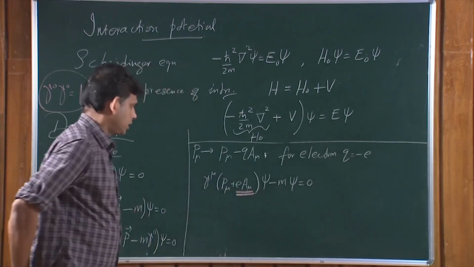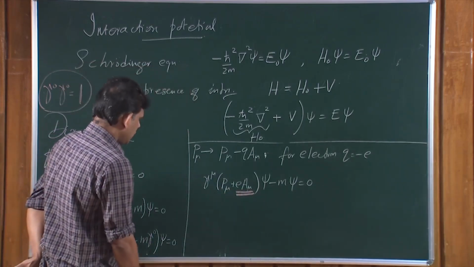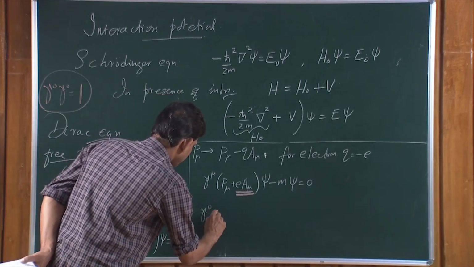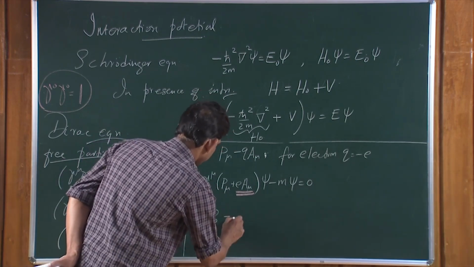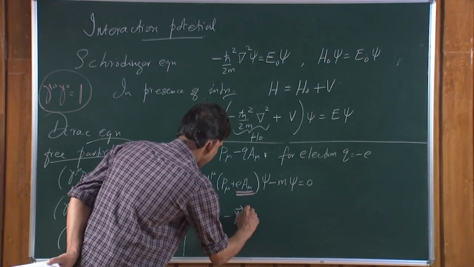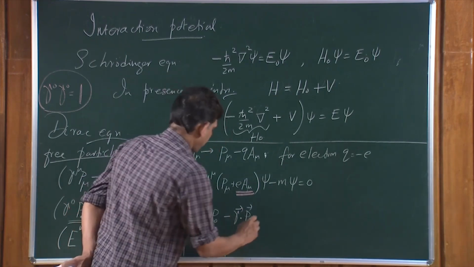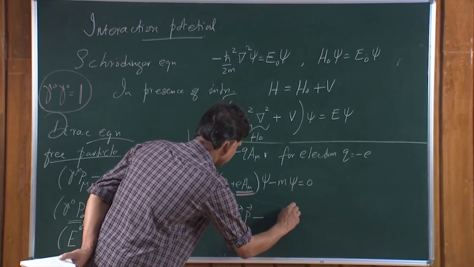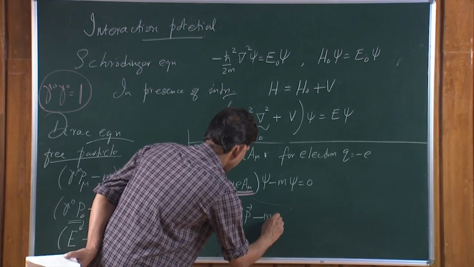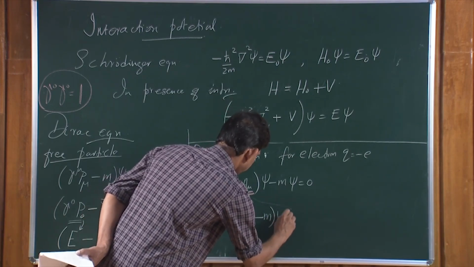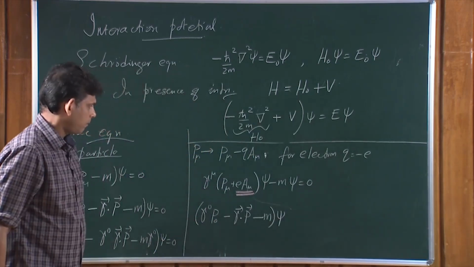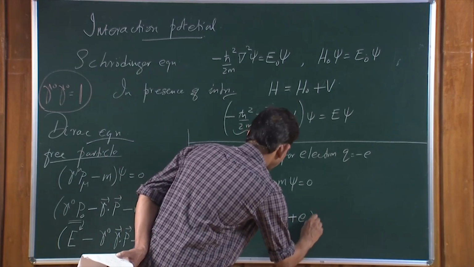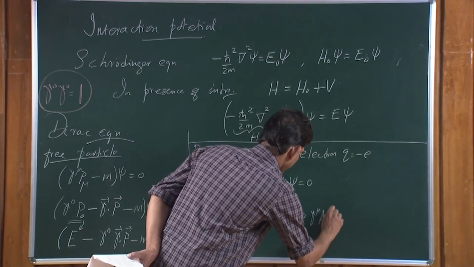This is the additional electromagnetic term now. When we write it in this fashion, we have gamma 0 P 0 minus gamma dot P minus m psi, this is the free part, plus e times gamma mu A mu psi equal to 0.